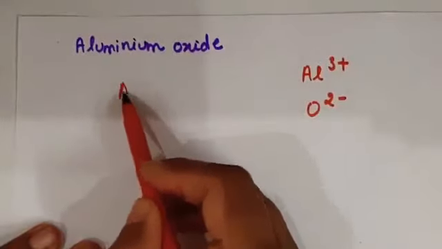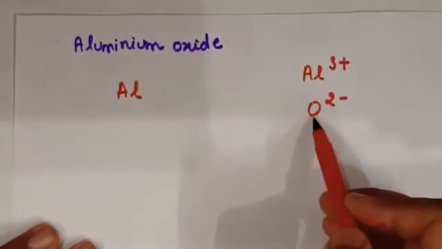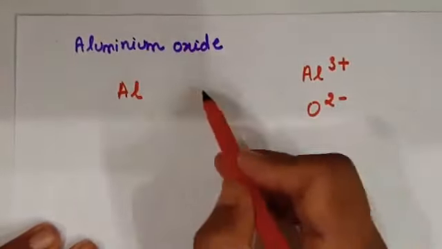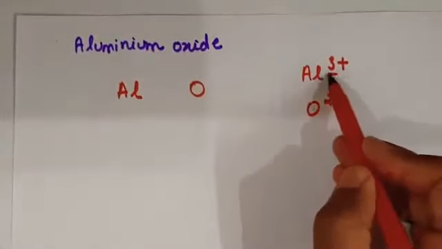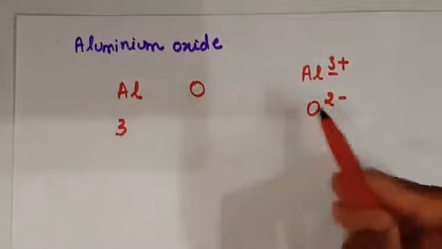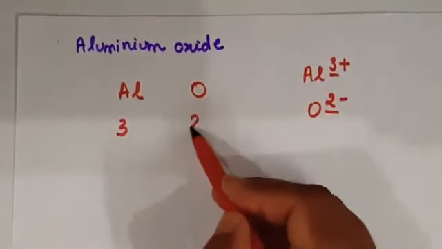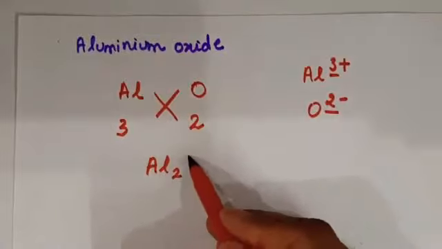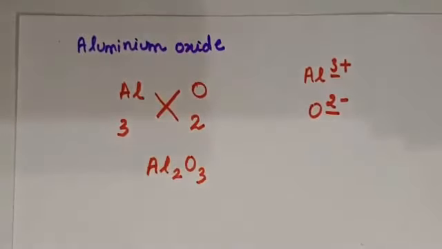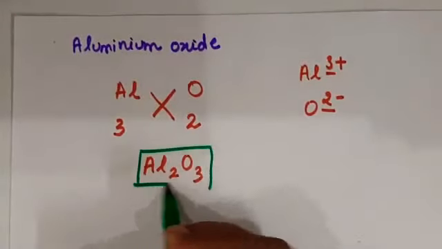So what is aluminium? Symbol Al. Oxide symbol O. Now valency. Aluminium valency is 3. What is the valency of oxide? It is 2. Now cross multiply. Al2O3. So this is aluminium oxide formula.